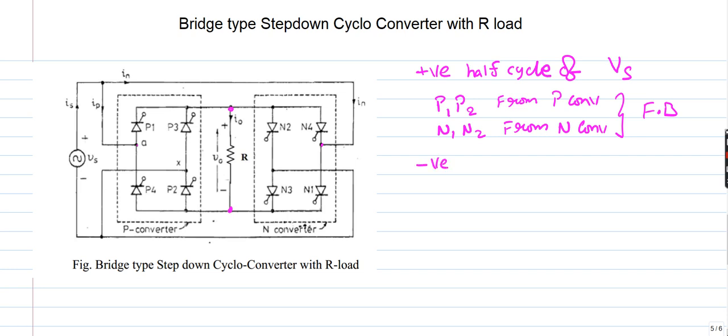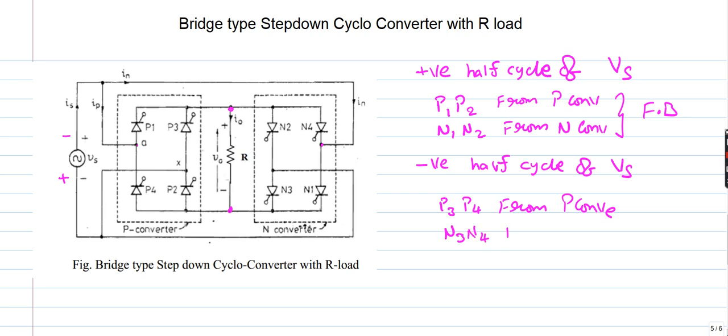During the negative half cycle of the supply voltage, this becomes negative and this becomes positive, so that P3, P4 from the P converter, then N3, N4 from the N type converter will be in forward blocking mode.